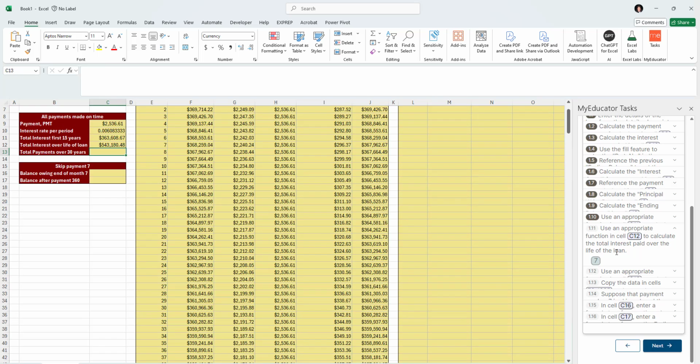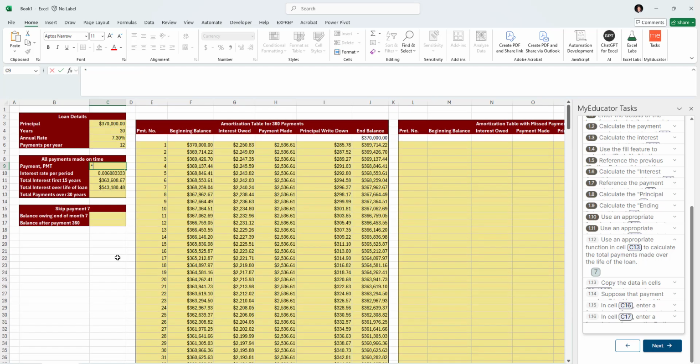Total payments over 30 years would be the payment, equals payment times 360, but they want everything to come from these loan details, so 30 times 12.